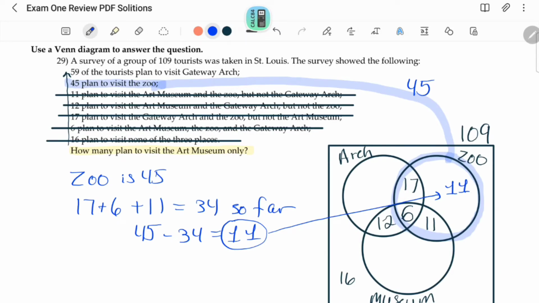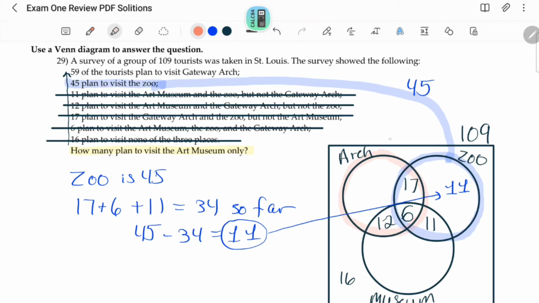Once again, be very careful with that. And the same thing for the next one. 59 of the tourists plan to visit the Gateway Arch. This entire set is Gateway Arch.